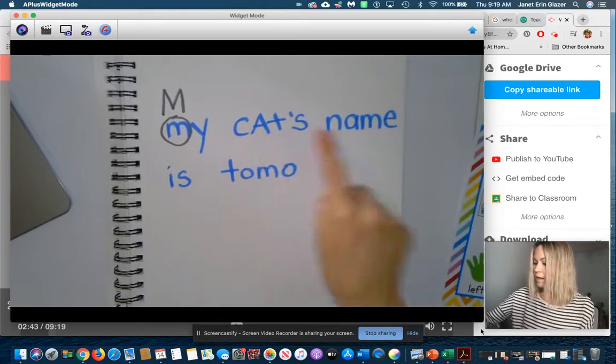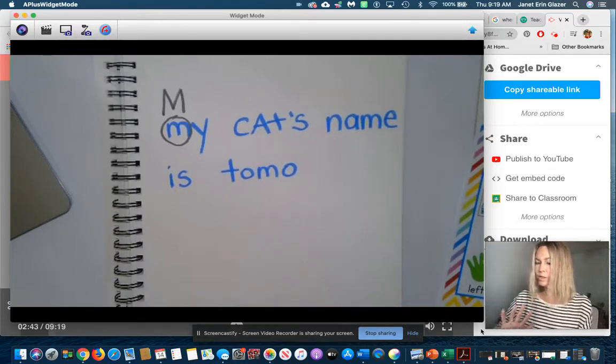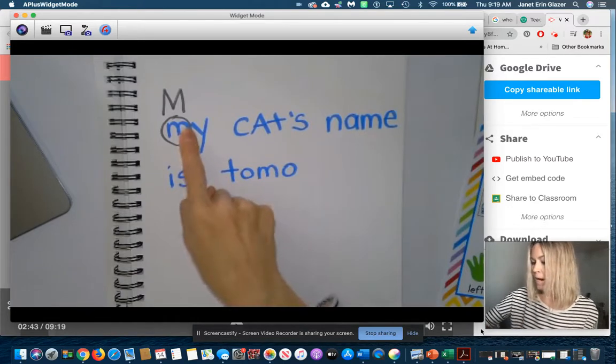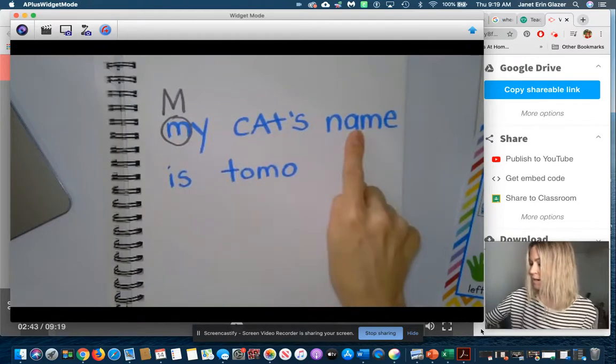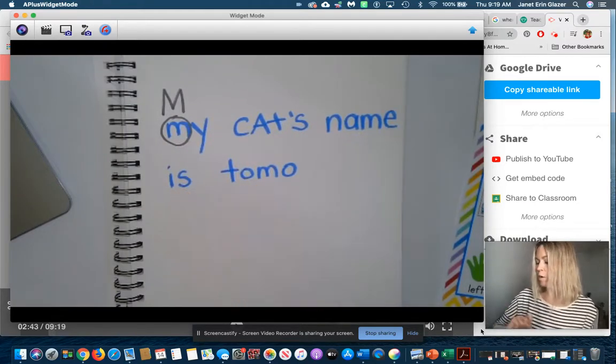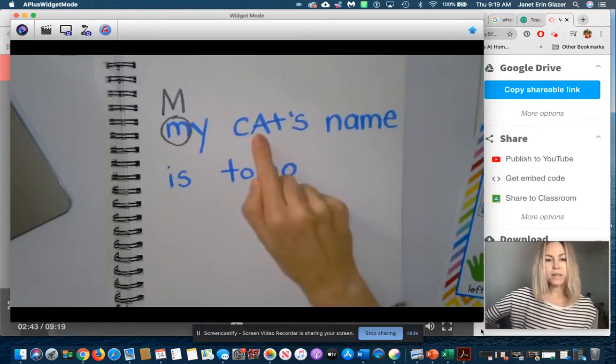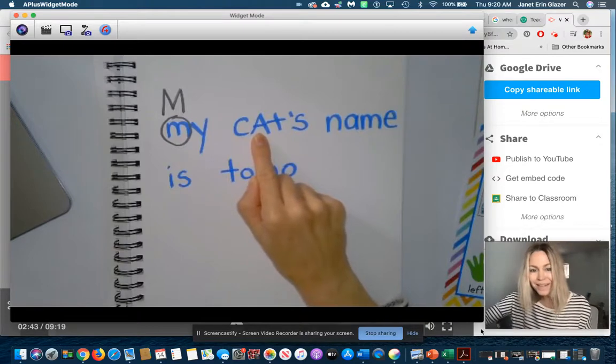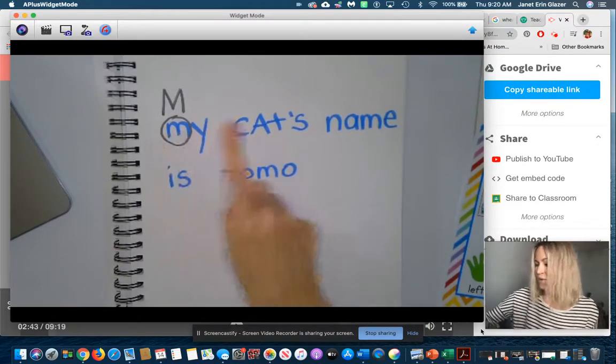Okay, looking through, do you see any places where there is a capital letter where there shouldn't be? Let's see. My cat's name is Tomo. Well, if you noticed this capital A being out of place in the middle of a word, this word is not even the first word of the sentence.